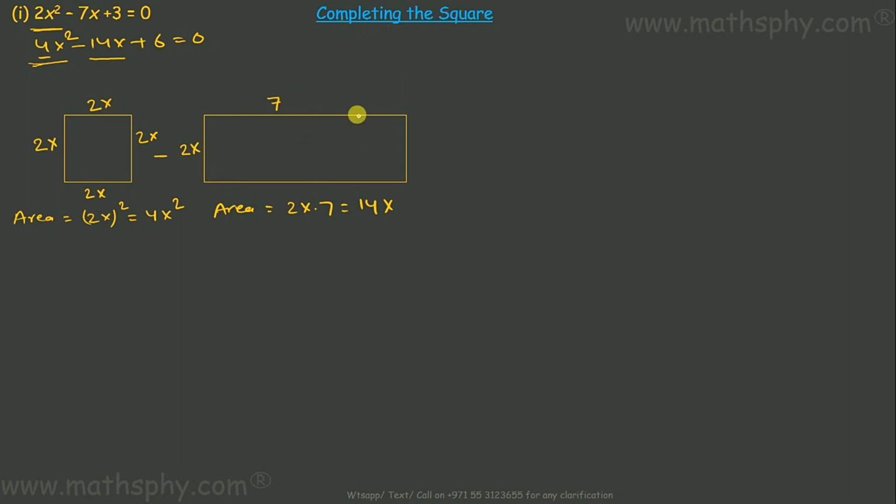If I split this rectangle into two pieces, like this, this remains as it is, 2x, 2x, and this side I am splitting into two halves, 7 over 2, 7 over 2.